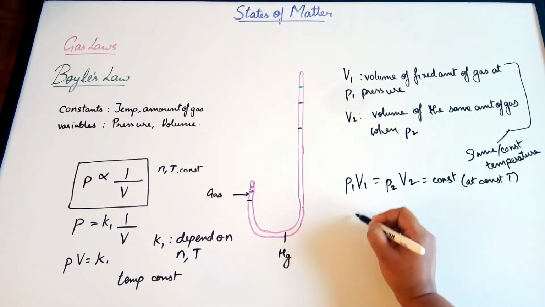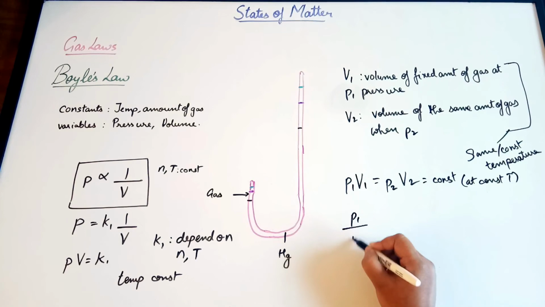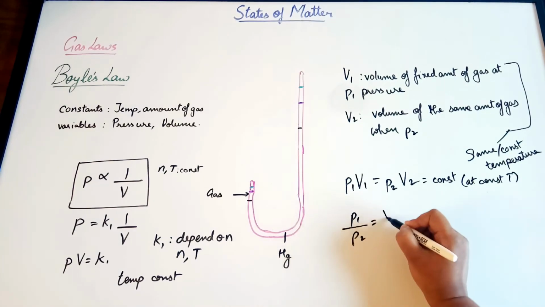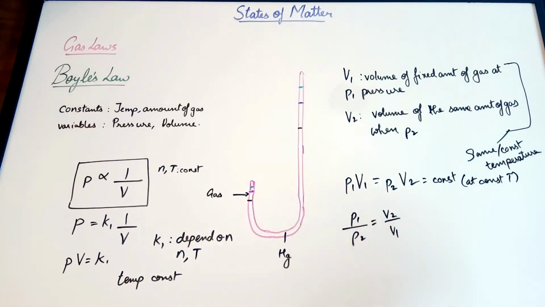From here we can also say that P1 by P2 equals V2 by V1.